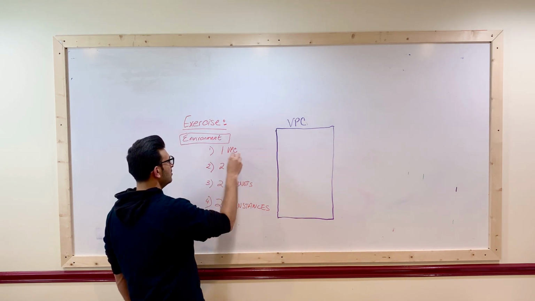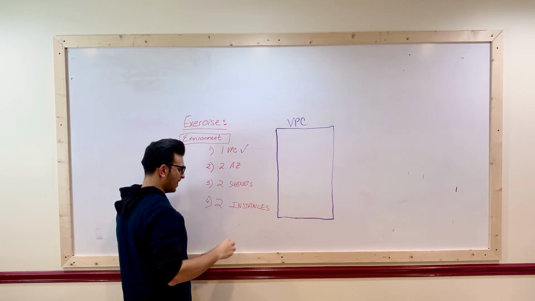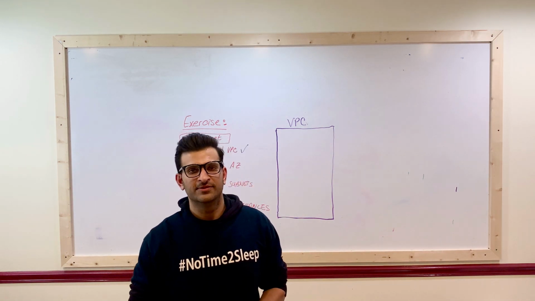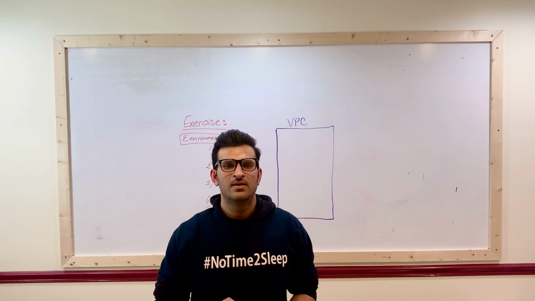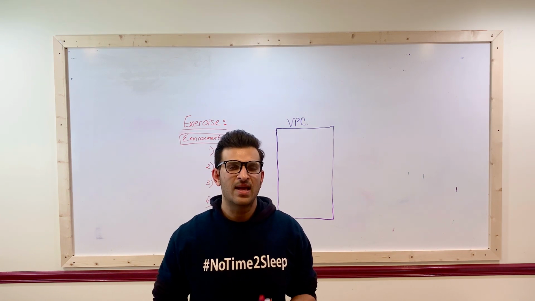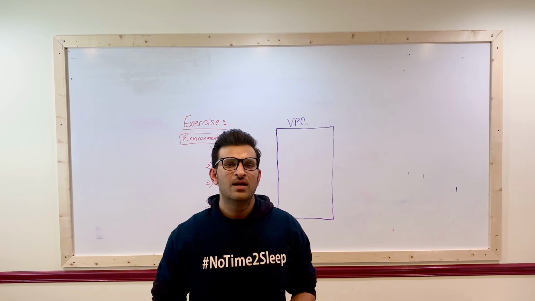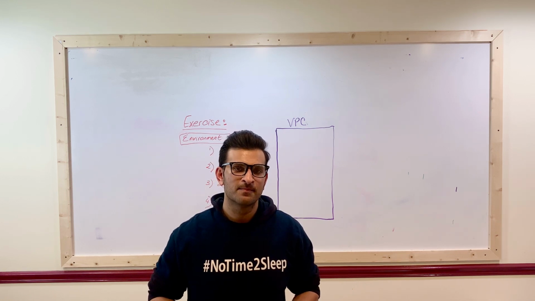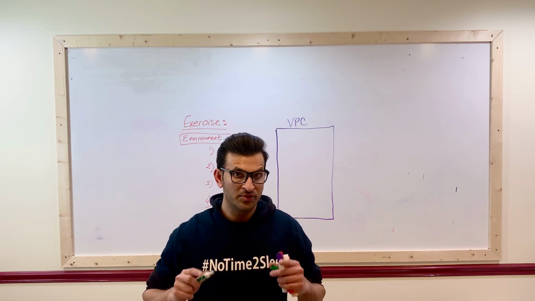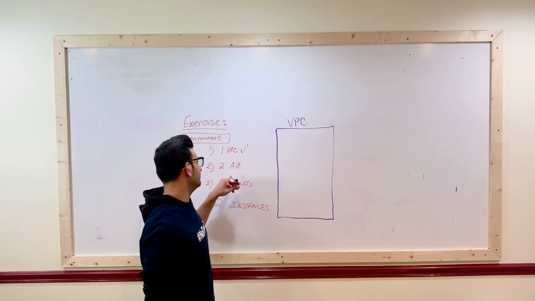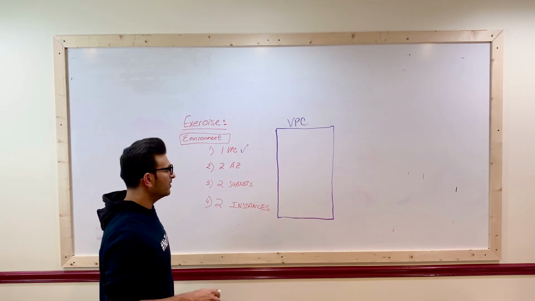So got this. Now, I said I wanted two availability zones, right? What do we remember about availability zones? How many at minimum have to be in a VPC? A minimum of two, right? And luckily, that's all I was asking for, two availability zones.